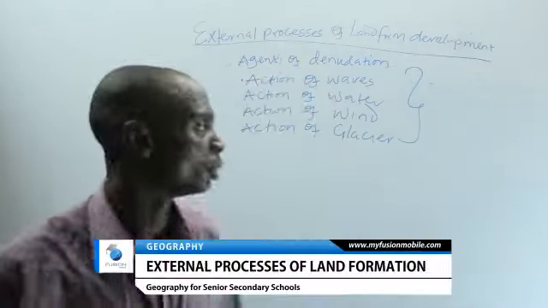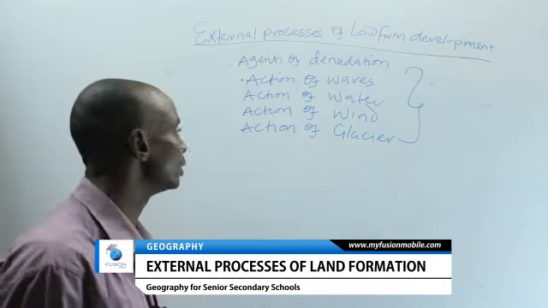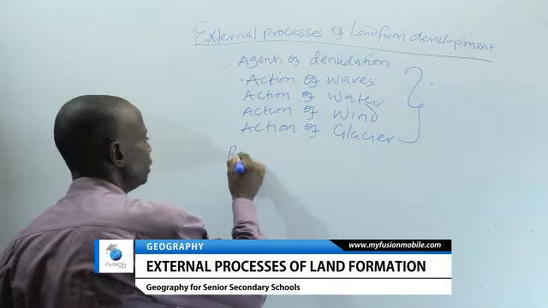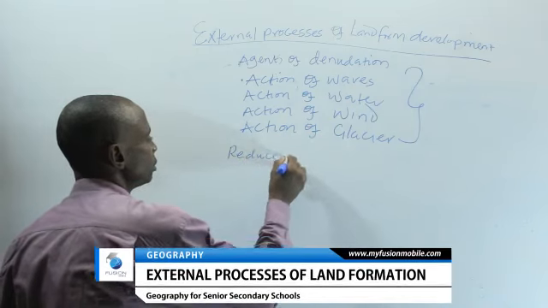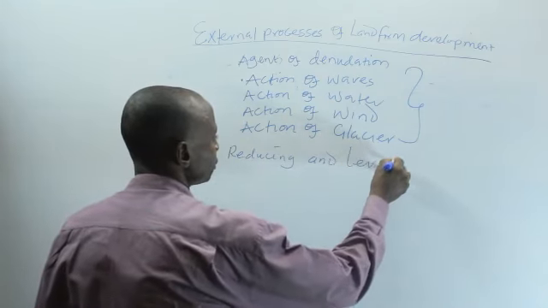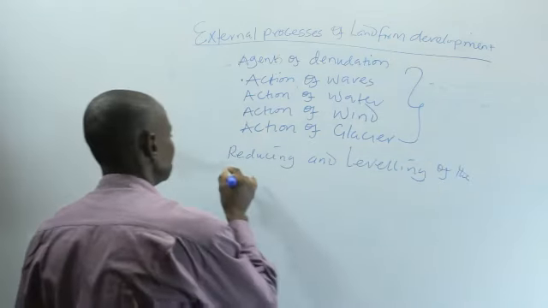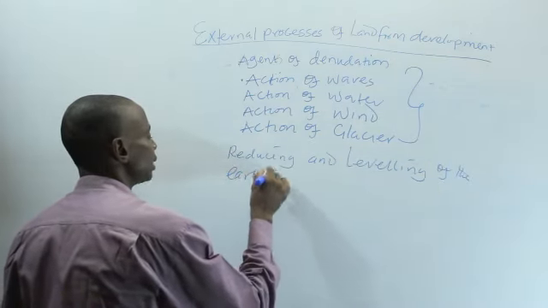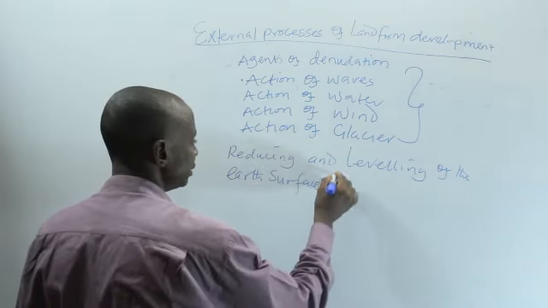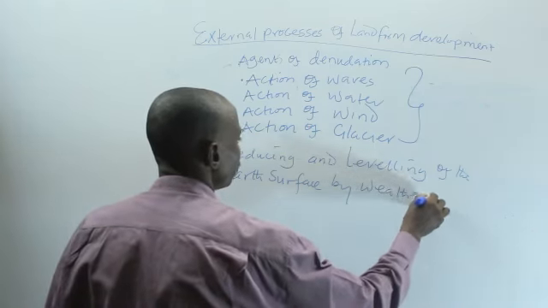To start with, what do you understand by denudation? Denudation can be defined as the act of reducing and leveling of the earth's surface, either by weathering.